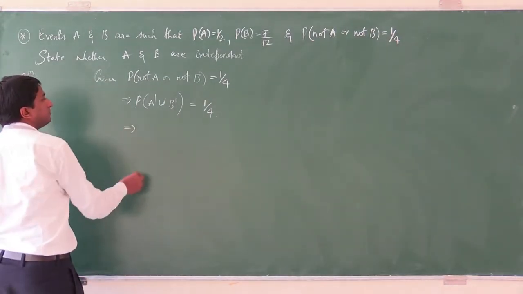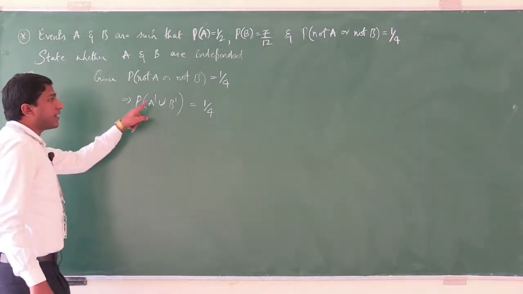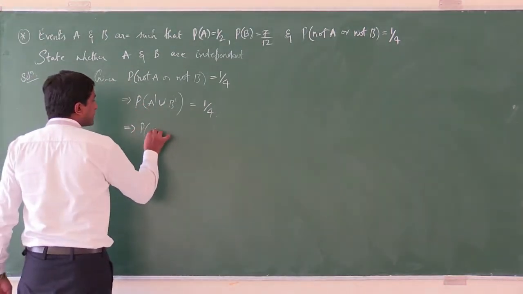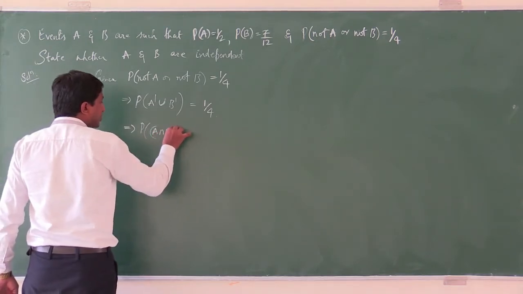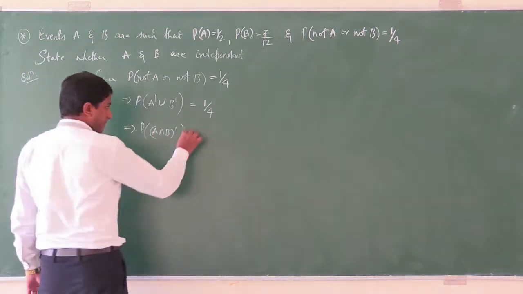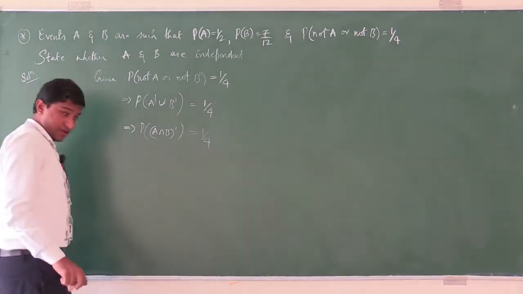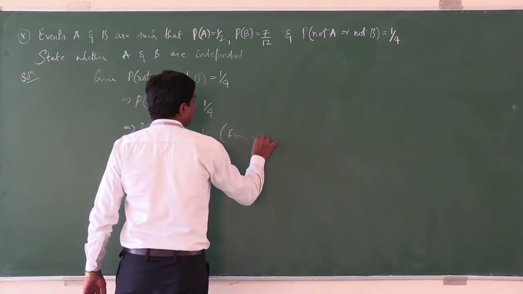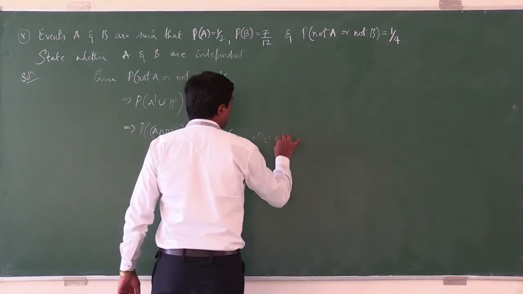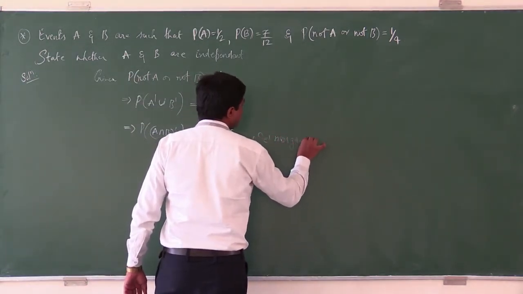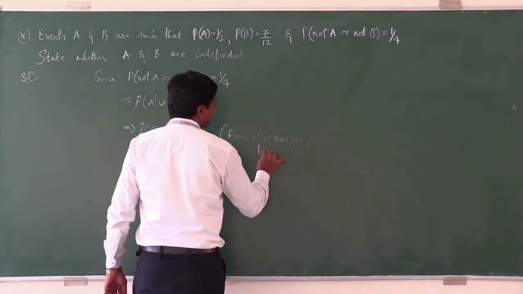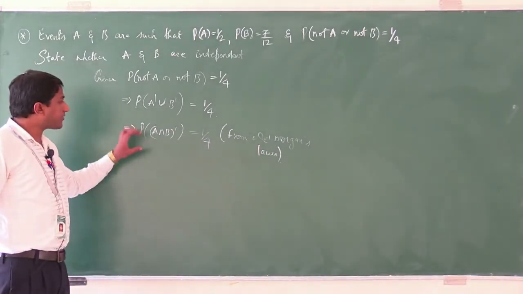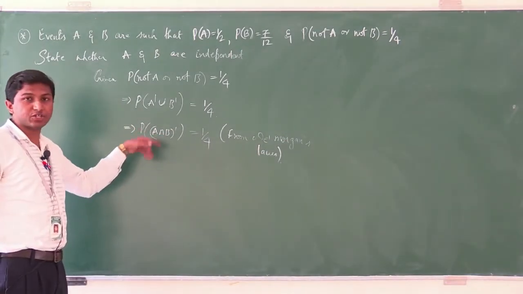Further, how can I write A dash union B dash? By De Morgan's law, I can write this as A intersection B whole dash. Now, how can I write P of A intersection B whole dash?